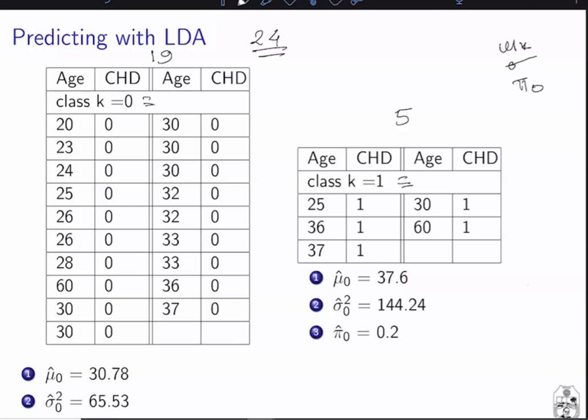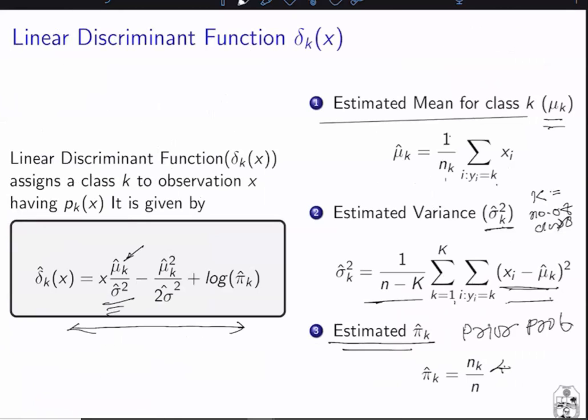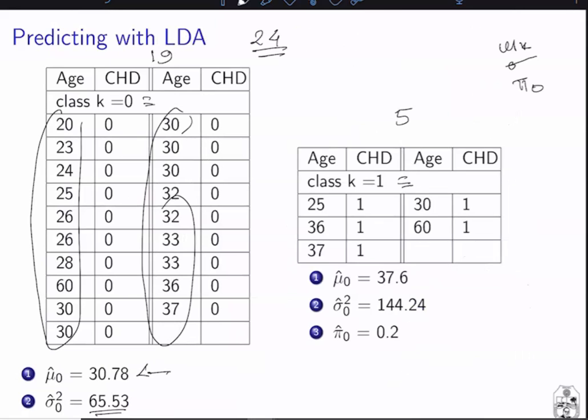Here mu 0, the average of all these ages, is 30.78. Then the variance, which I have calculated by this formula, is equal to 60.53. And because there are 19 observations out of 24 in our total data set, pi 0 becomes 0.8 here.